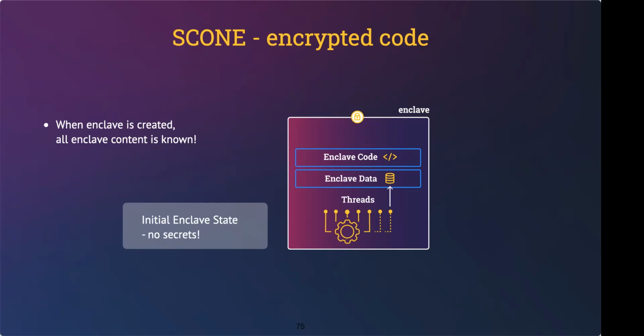That means I cannot put any secrets in that enclave. Well, I can encrypt parts of the enclave, so that I put encrypted data in there, but I somehow need to have the encryption key to be able to decrypt it inside of that enclave. And so how can I get that encryption key?